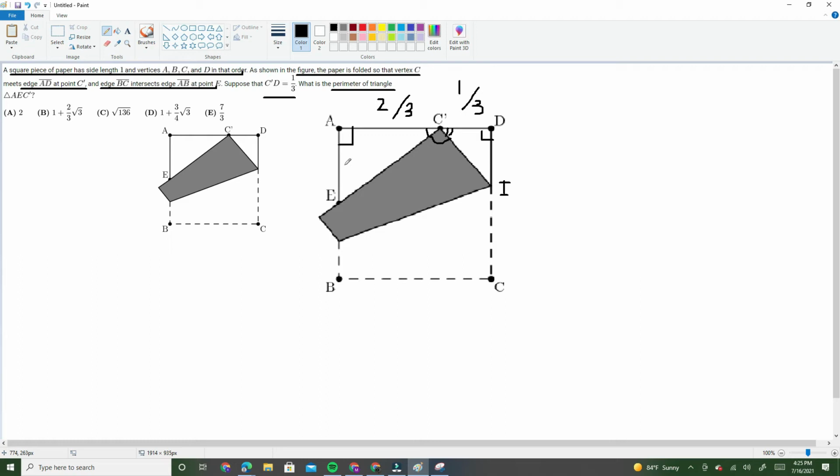Similarly, we can also say that angle AEC' is complementary to AC'E. And this is because since these are all angles of a triangle, they need to add up to 180 degrees.